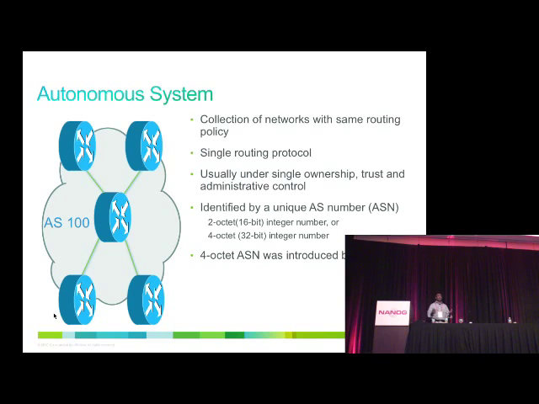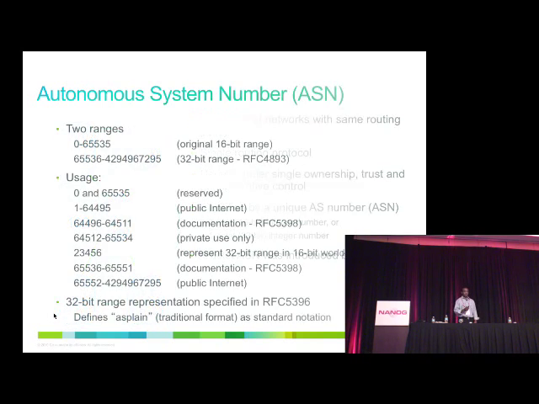They have a single internal routing protocol, or IGP, Interior Gateway Protocol. And usually they are under a single administration, and it has a consistent policy within that system. Typically it will have an autonomous system number, either a 2-octet or a 4-octet, and we'll discuss that later on.